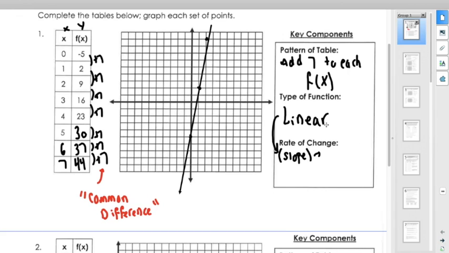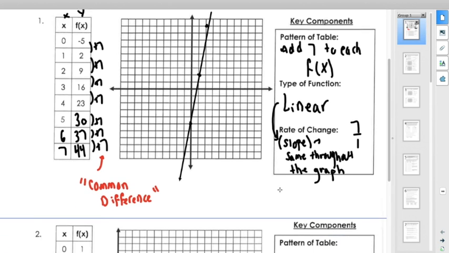The rate of change is going to be 7 over 1. That's my slope, and it's going to be the same throughout the graph. So type of function is linear. The rate of change for linear functions is the slope, which is 7 over 1, up 7 to the right 1. And that's going to be the same throughout the graph.